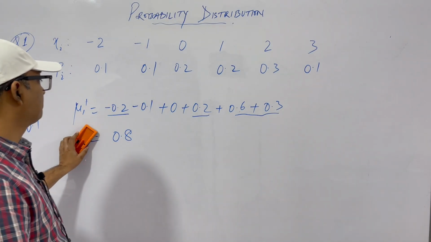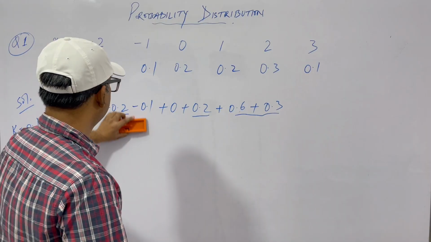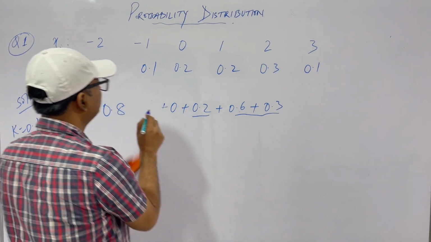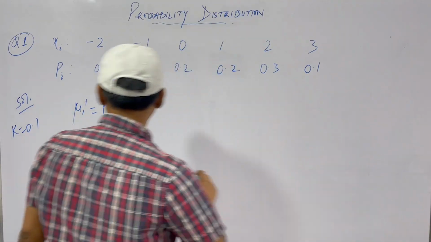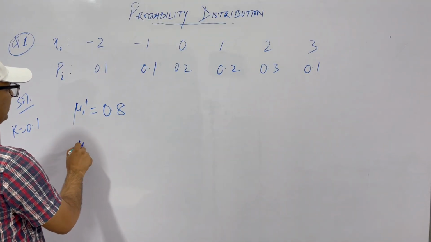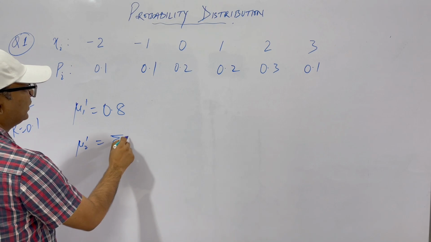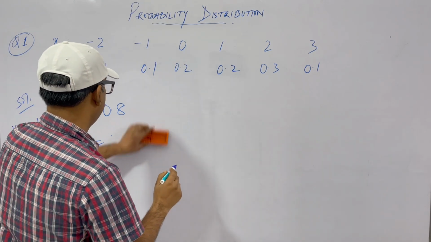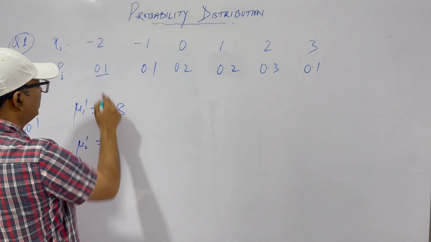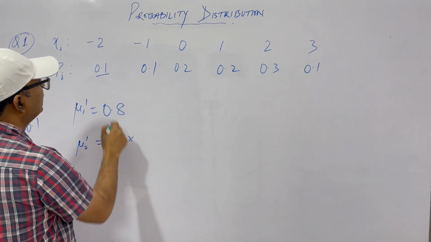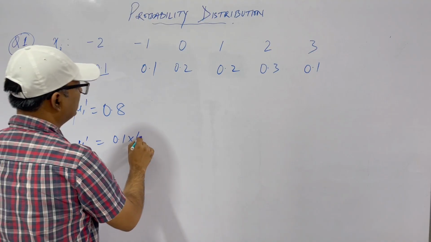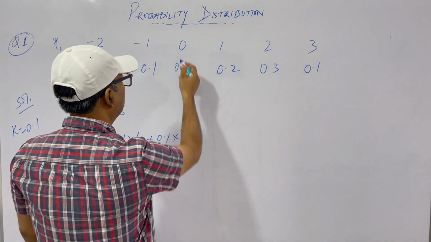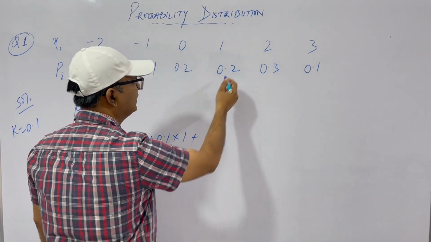This is our mean. Let's find out mu2 dash, that is what? Sigma pi xi square. So 0.1 into this square, this is 4, plus 0.1 into this square, that is 1, this is 0, I'm leaving it.